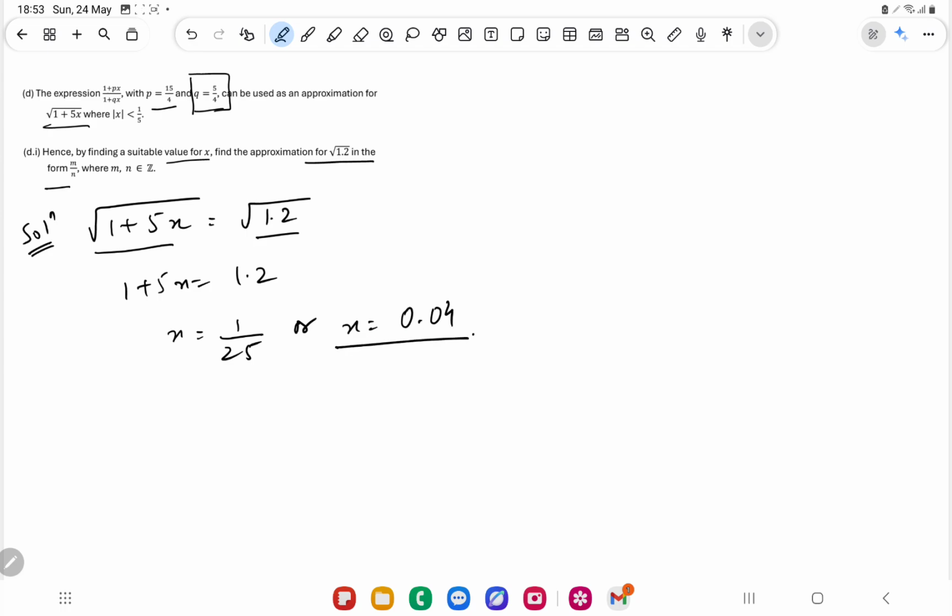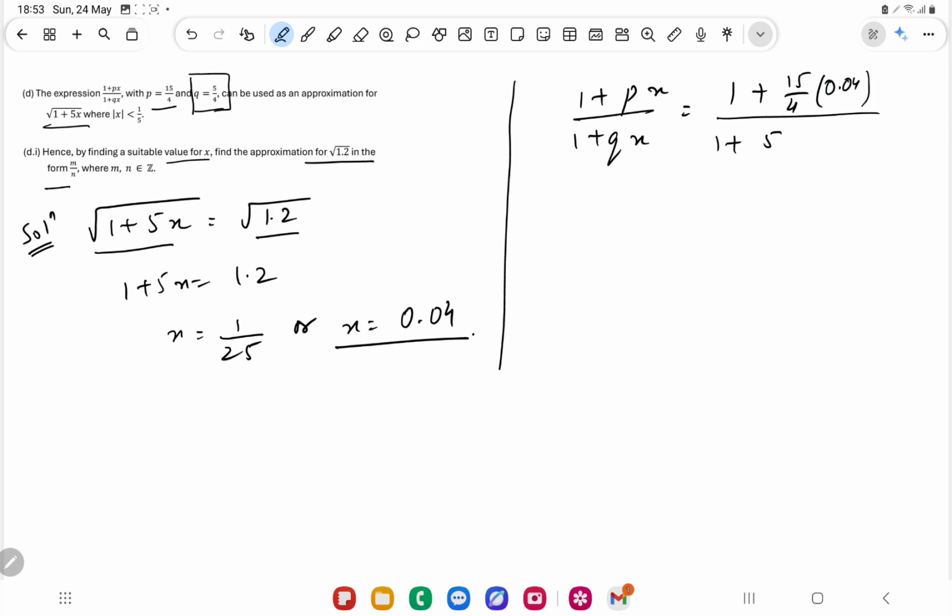Once I get my x value, I can use the expression given to me, that is 1 plus px upon 1 plus qx, where p value is 15 by 4 and x I just calculated as 0.04, whole divided by q value is 5 by 4 and x value is 0.04.